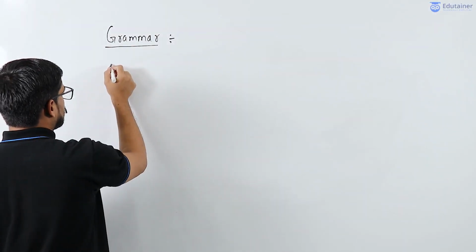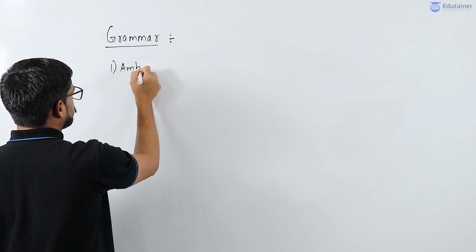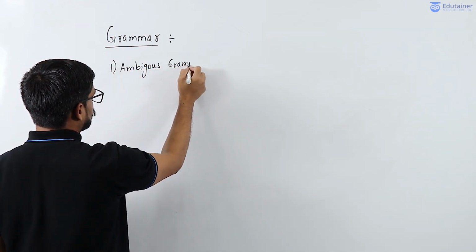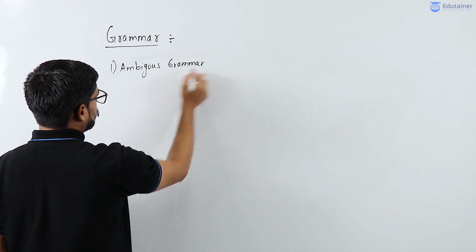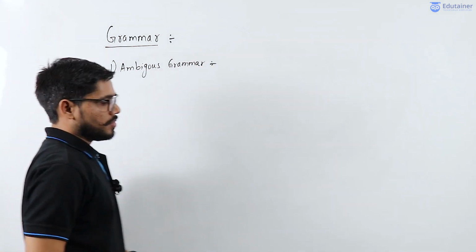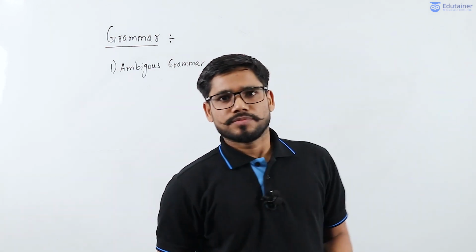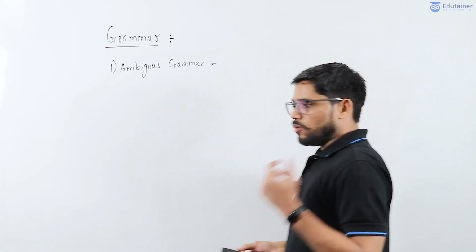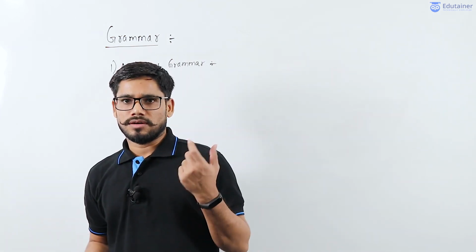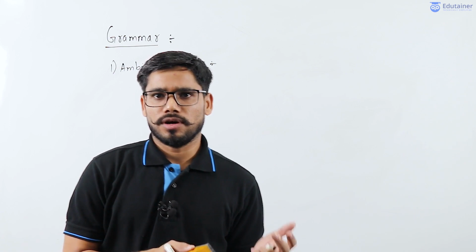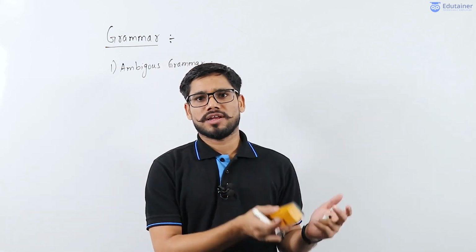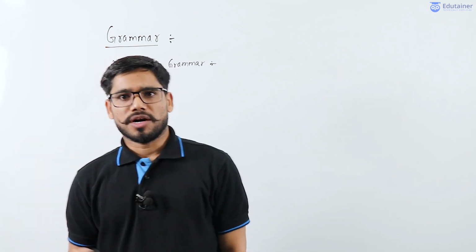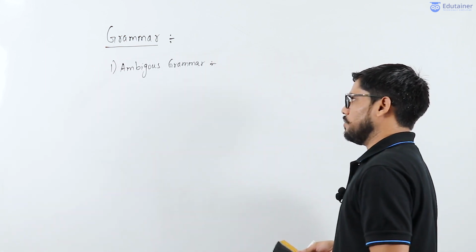So first is ambiguous grammar. So in ambiguous grammar, if there is a grammar which has a particular string and that string has more than one leftmost derivation, more than one rightmost derivation, or more than one parse tree, then that grammar is called ambiguous grammar.